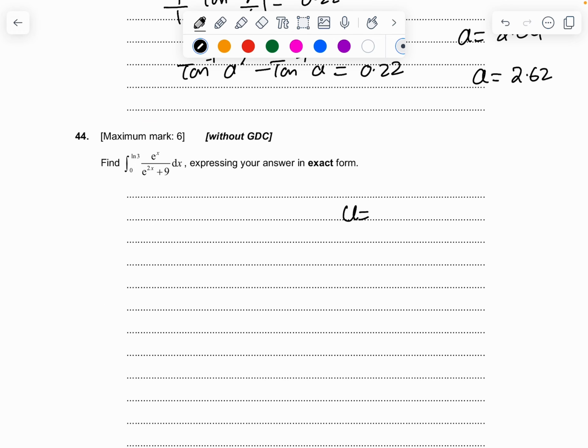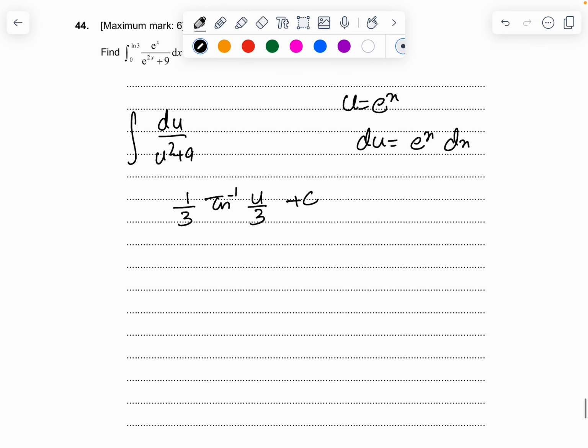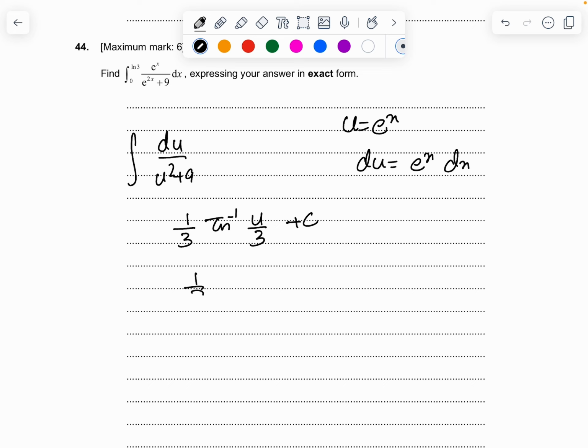Now u equals e power x, so du equals e power x dx. First of all I do it with indefinite integrals, so it will become du upon u square plus 9. So it is 1 upon 3 tan inverse of u upon 3 plus c, but I am converting into e power x, so e power x upon 3 plus c.